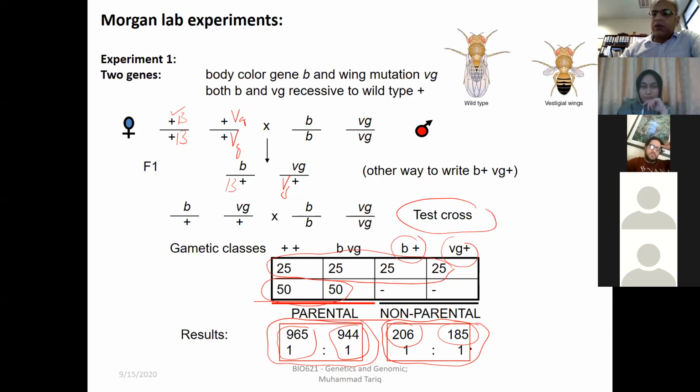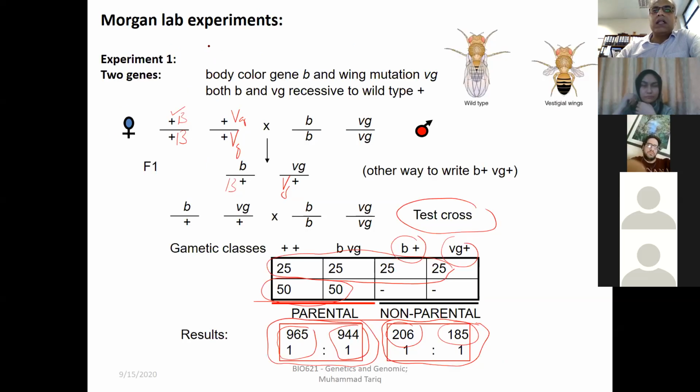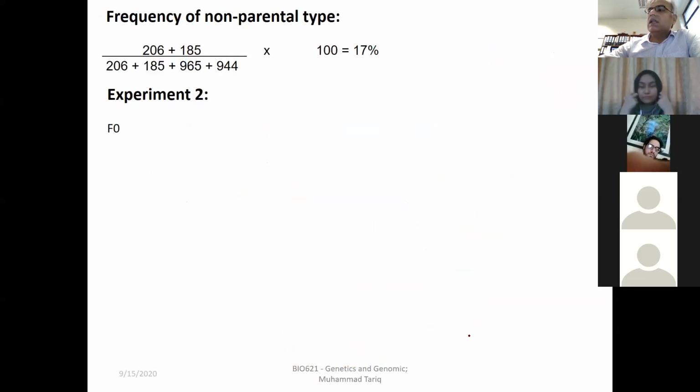Okay, so Strativan did a very intelligent thing, and he said, okay, I'm going to add the non-parentals, which are these ones, 206 plus 185. I'm going to add non-parentals and divide by total and calculate the percentage.